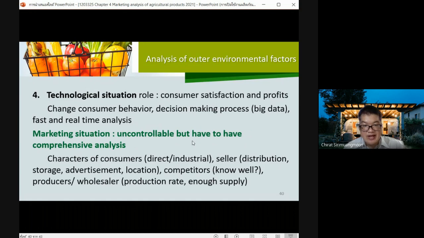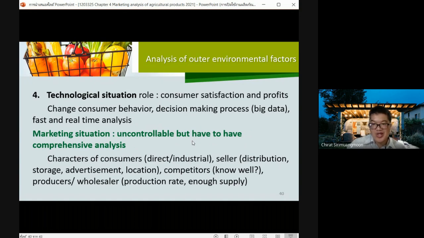And we also have the technological situation. Technology has a role in creating consumer satisfaction, and we also need to have profits from technology. So think about using some technology to make consumers happy, and you also have the profit. In this case, technology affects us a lot in terms of consumer behavior.